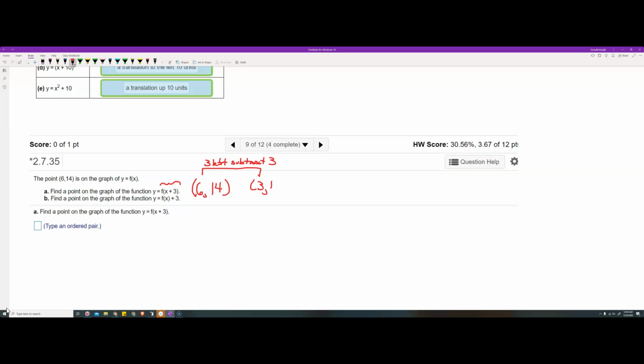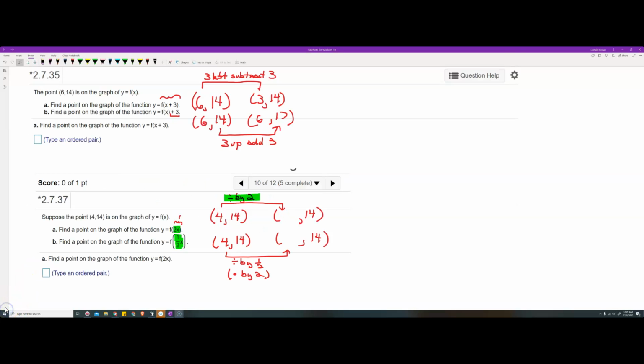So (3, 14). The second one, I'm going to take (6, 14), but now I'm adding 3 and it's outside the parentheses, so that's going to be a vertical slide, 3 up. So I'm going to add 3 to my y-coordinate, and there's my new coordinates.